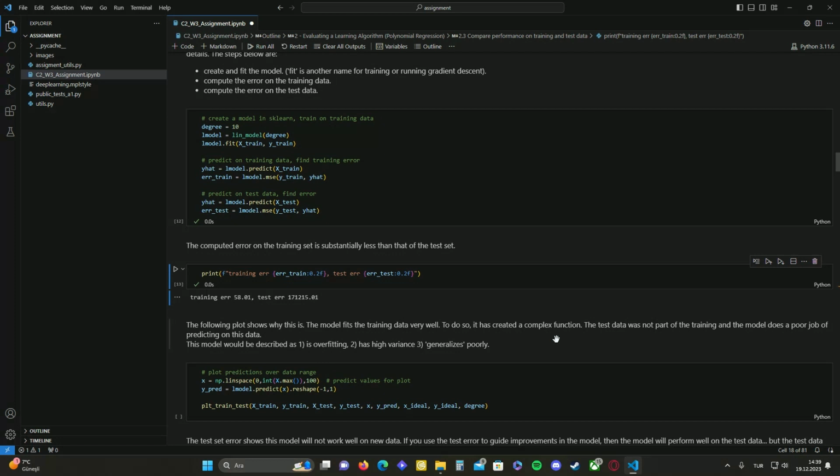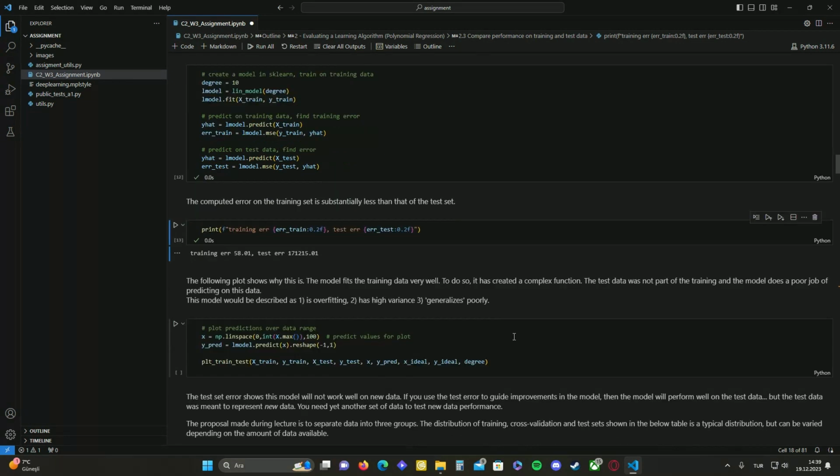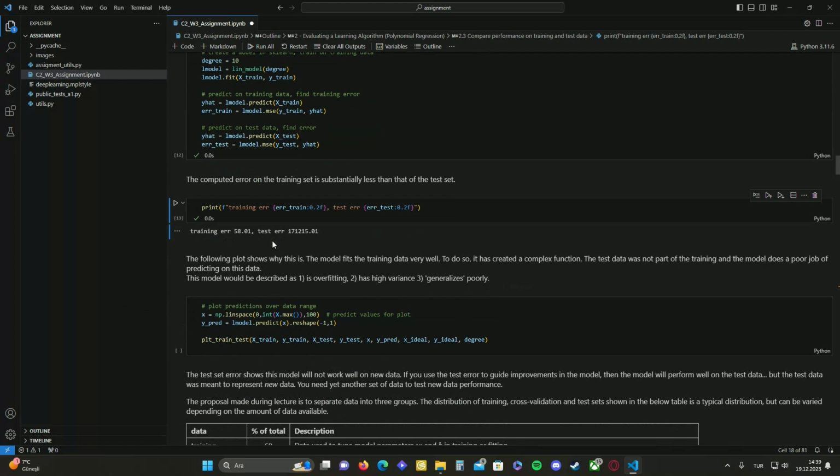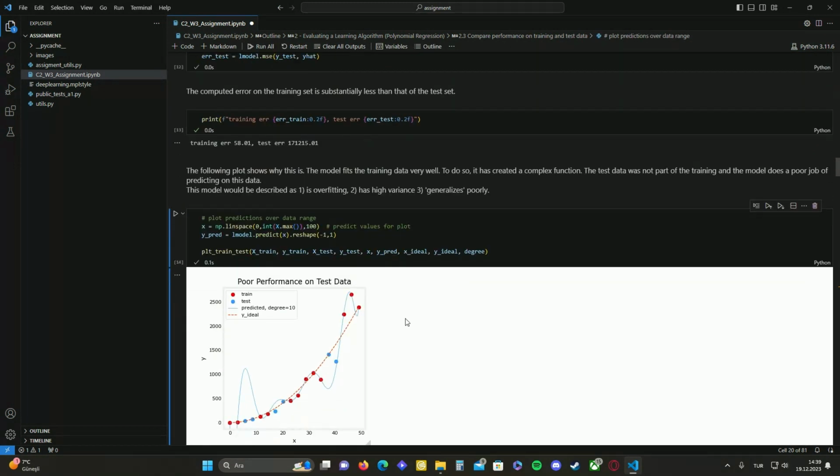The test data was not part of training, and the model does a poor job of predicting this data. This model would be described as overfitting, high variance, and generalizing poorly, because the test error is really big.